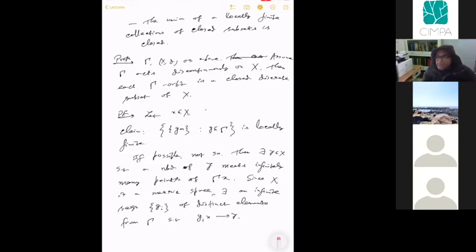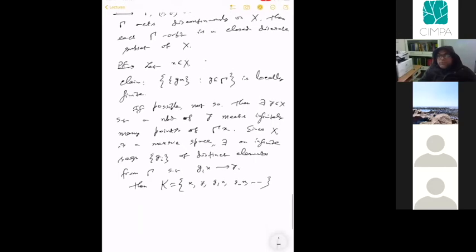Then K = {y, g_1 x, g_2 x, ...} is closed and bounded, so it is a compact subset of X. Or even otherwise, you can directly prove that every open cover of K has a finite subcover. So K is a compact subset of X.